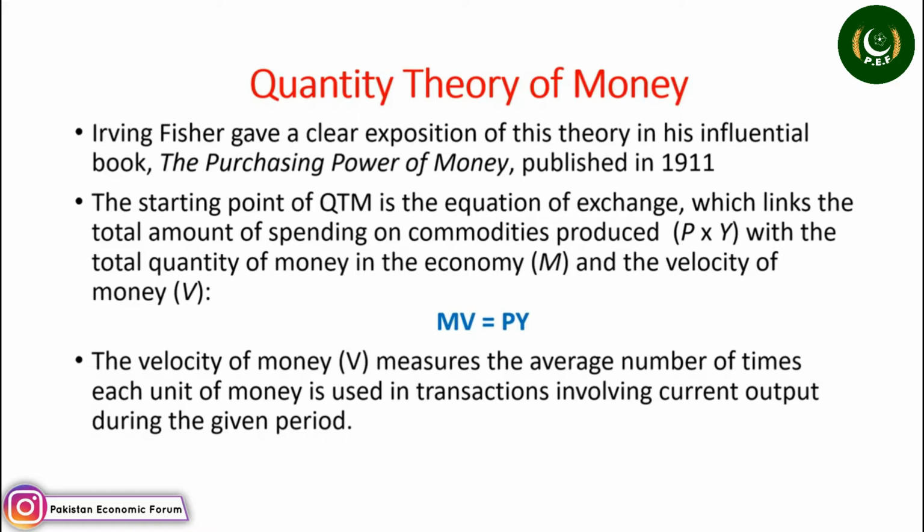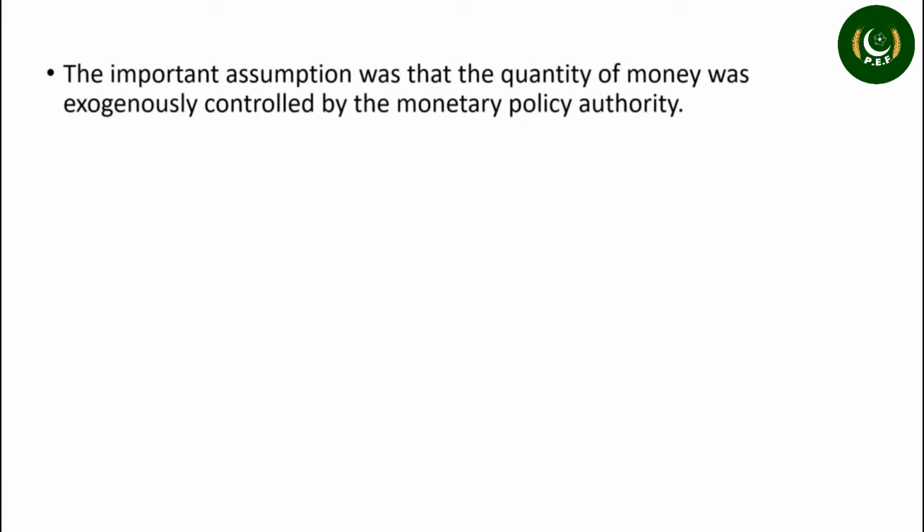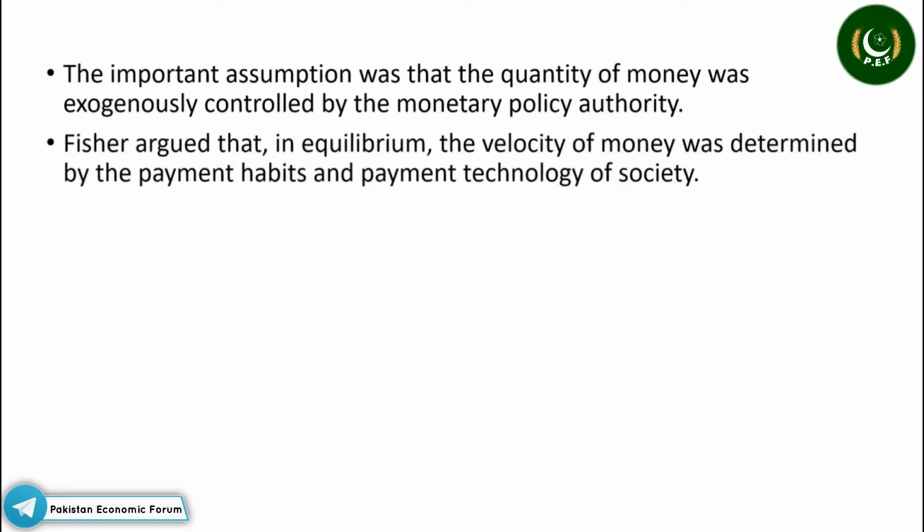An important assumption was that the quantity of money was exogenously controlled by monetary policy authority. Fisher argued that in equilibrium, the velocity of money was determined by the payment habits and payment technology of the society.